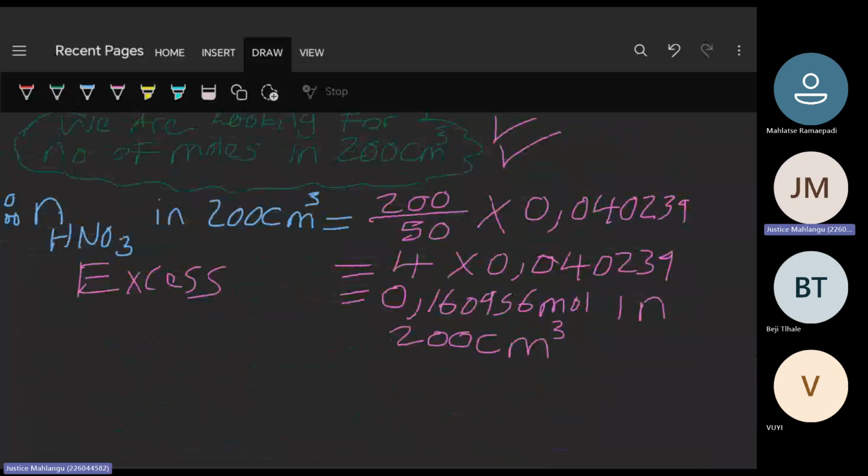Let's use our master formula now. Please memorize this formula by heart, with your soul.